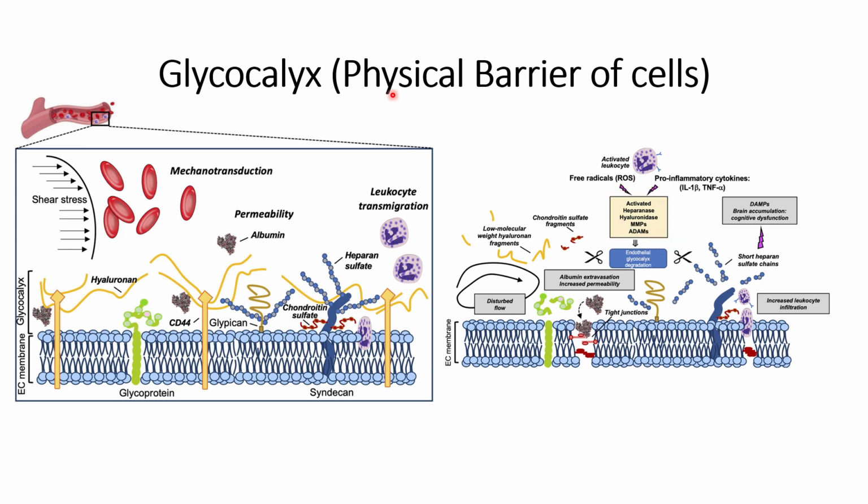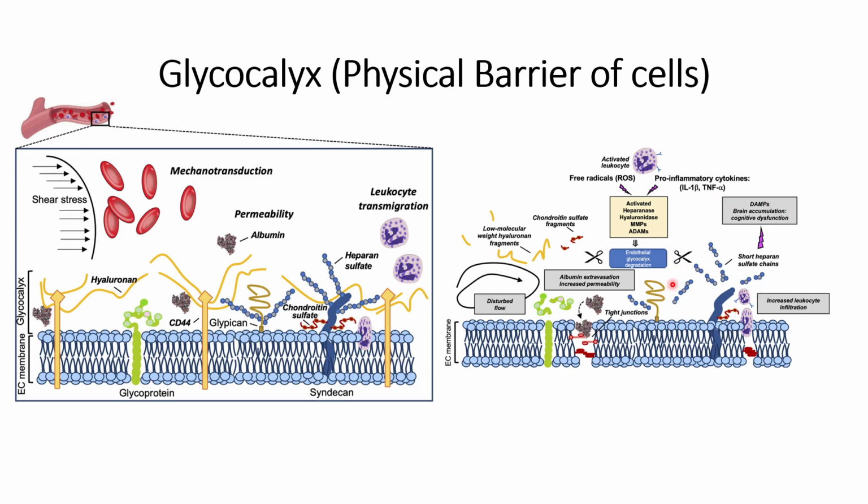And this degradation of glycocalyx will lead to the release of DAMPs, that is damage associated signals, and some of the effects are brain accumulation and cognitive dysfunction. So what does cognitive dysfunction mean? It means that the person's ability to think, read, write will be reduced compared to the normal ability.